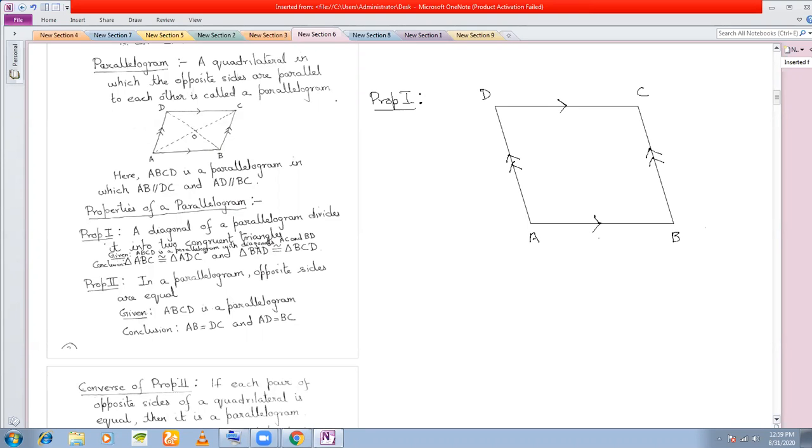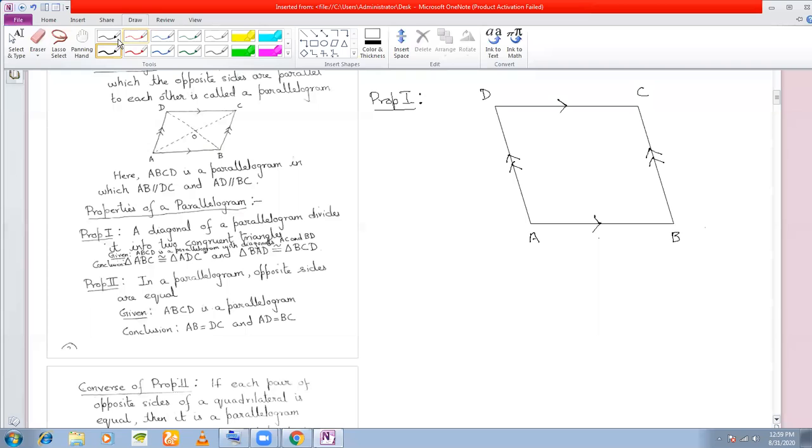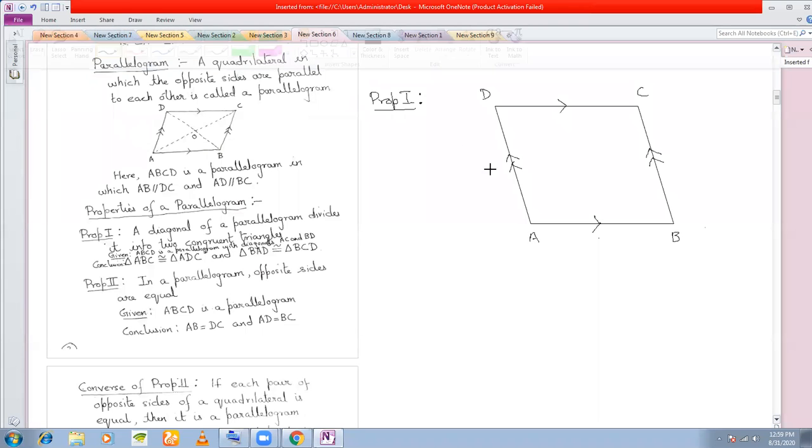And I give you a diagonal of this parallelogram. Now, according to this property, if ABCD is a parallelogram and AC is a diagonal, then this triangle must be congruent to this triangle. This is the first property.